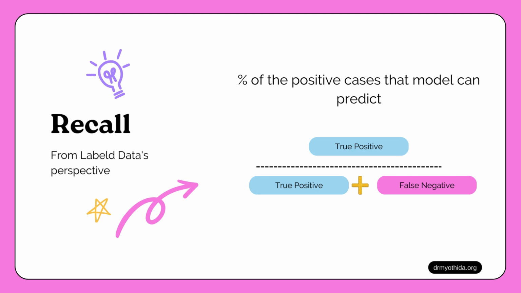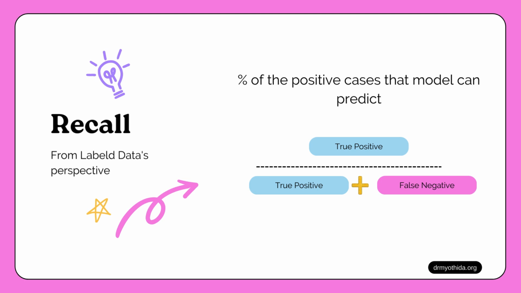Out of 100 patients, half of them are COVID, 50 COVID cases. But our model cannot detect all of them. Out of 50, maybe we detect 40 as positive and 10 as negative. So out of 50, only 40 are detected. This measurement is called recall.